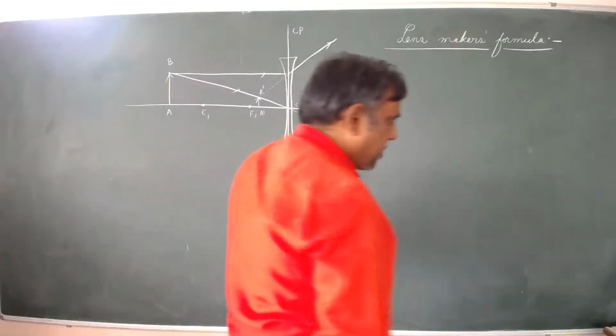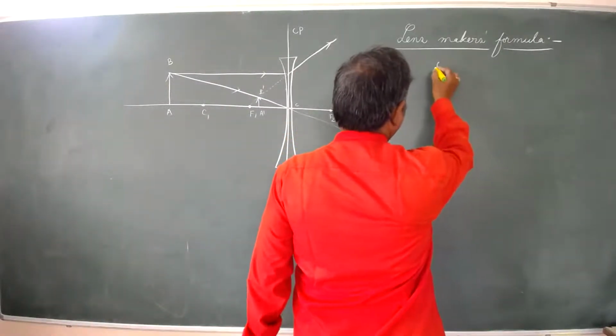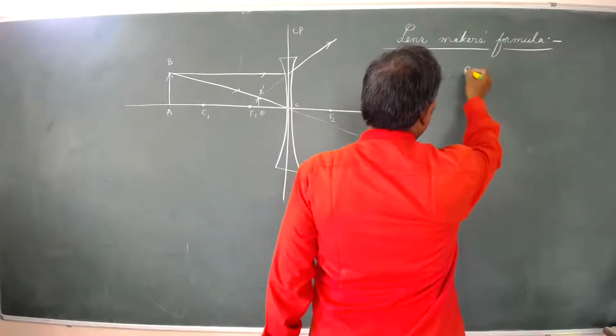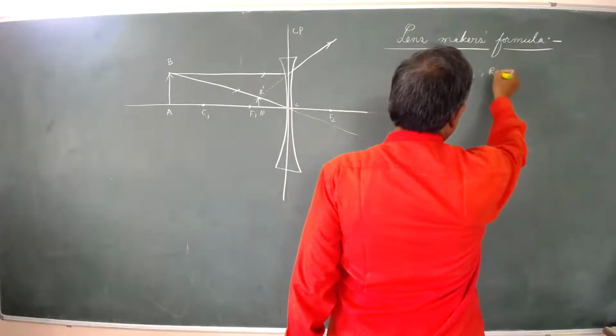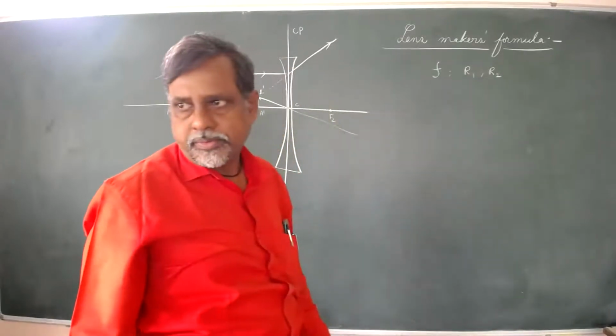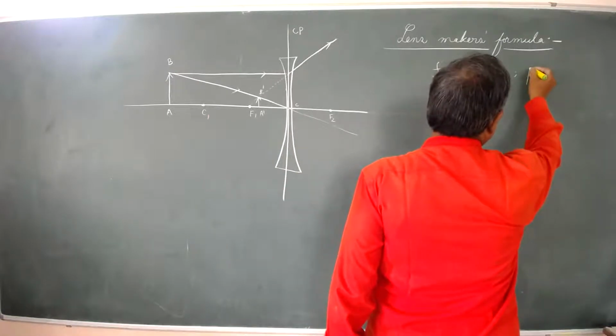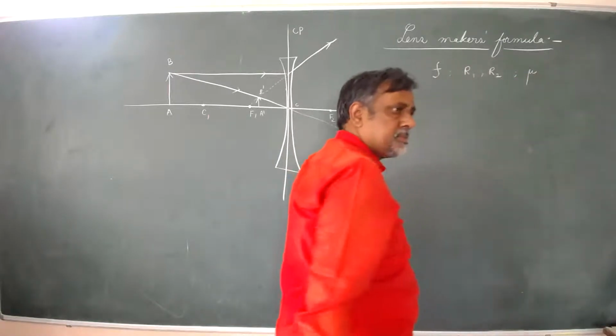Usually, this lens maker's formula gives the relation between the focal length of the lens, the radii of curvatures R1 and R2, and the refractive index of that particular material of the lens.